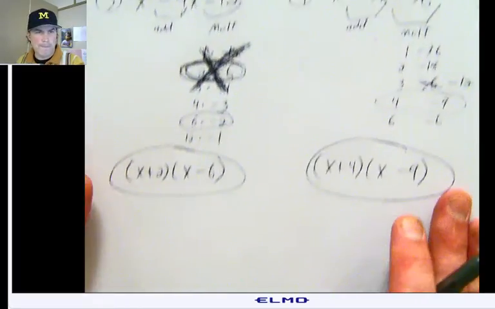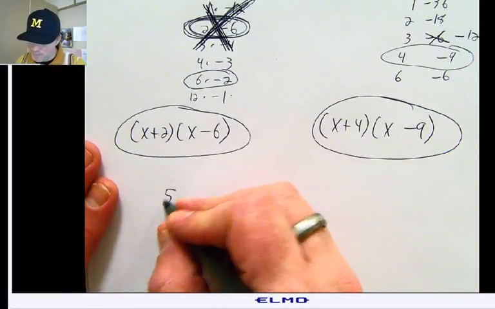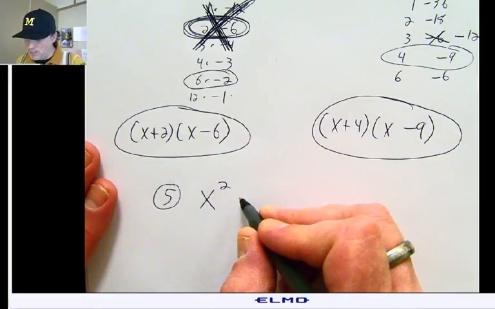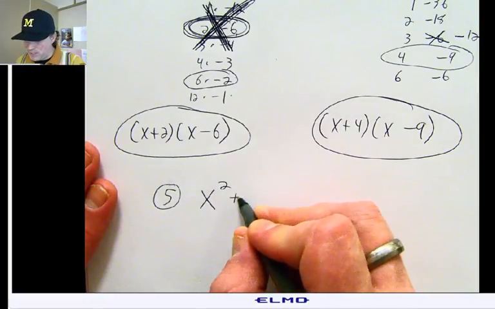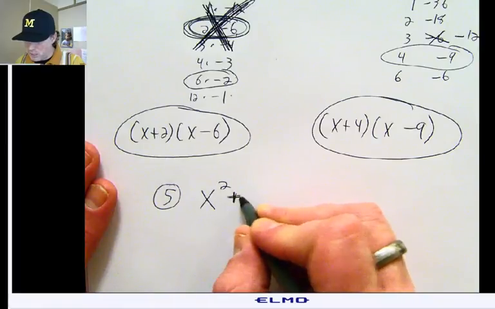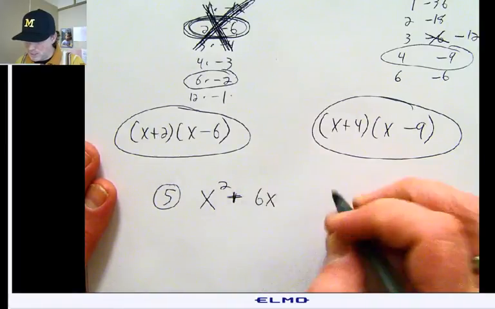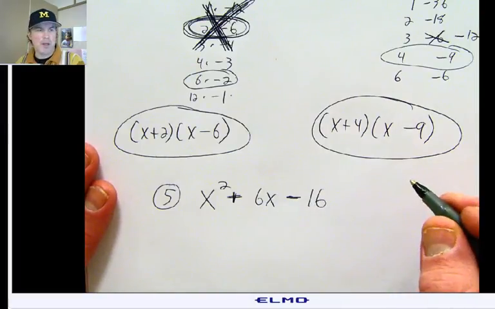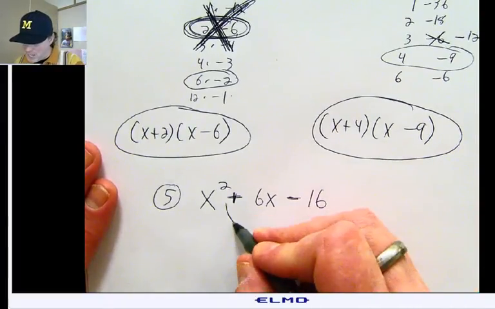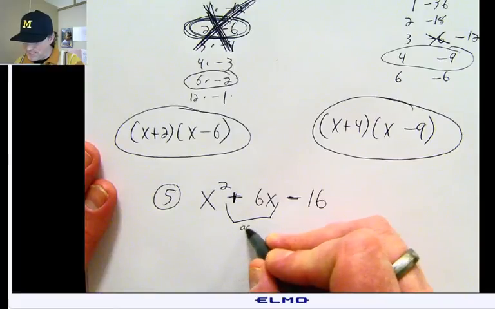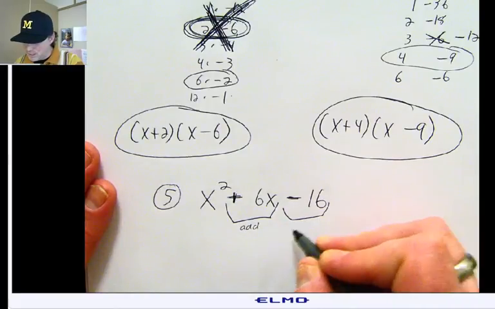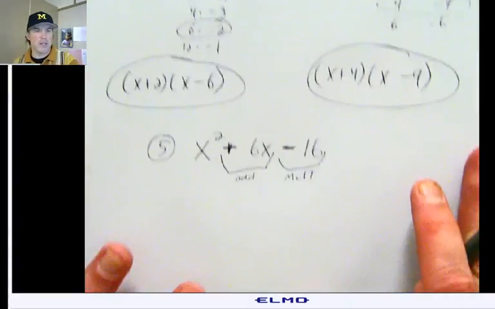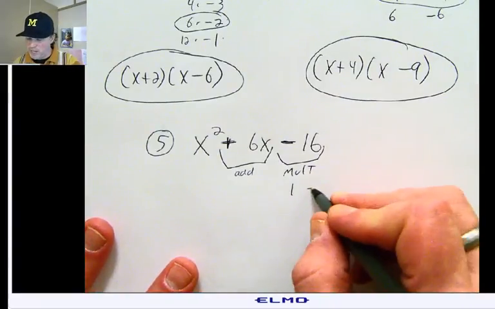Do one more. Number 5. I'm going freestyle here. I have to quickly come up with it. Let's have it be x squared plus 6x minus 16. So I need to add to positive 6 and multiply to negative 16.